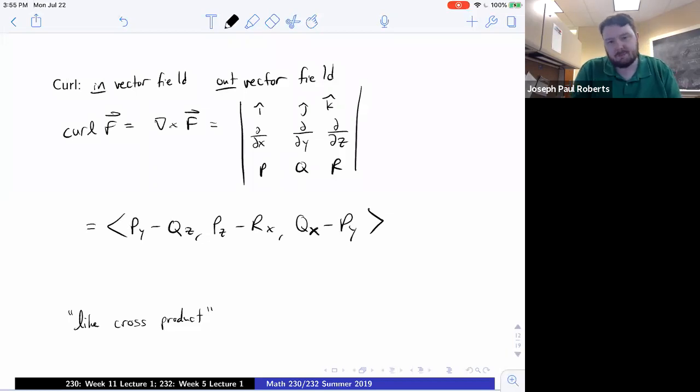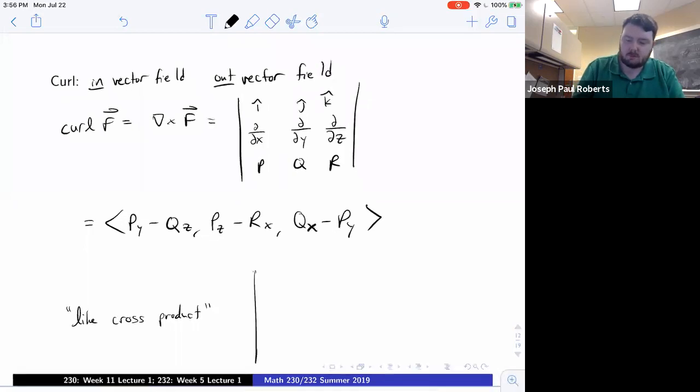So notice, if you think about it, between P, Q, and R, and x, y, and z, that's 9 different first partial derivatives that are involved.